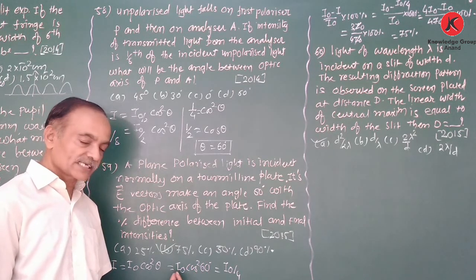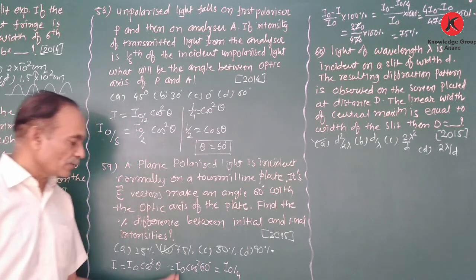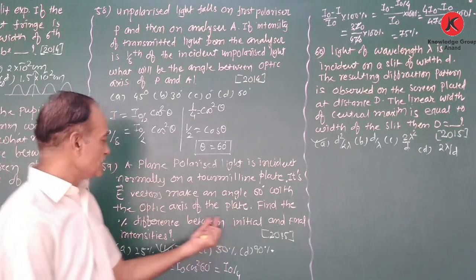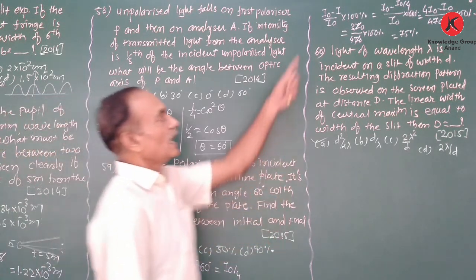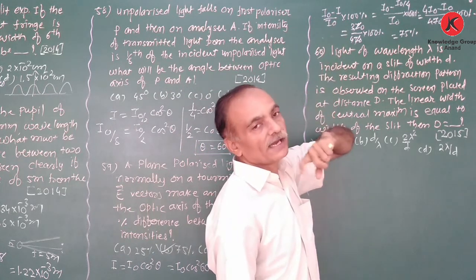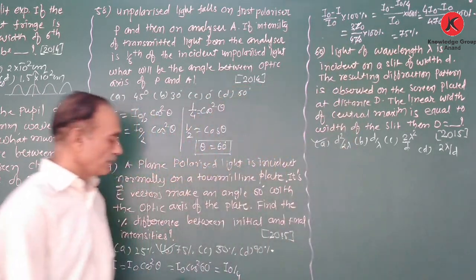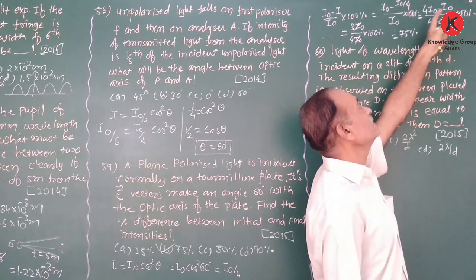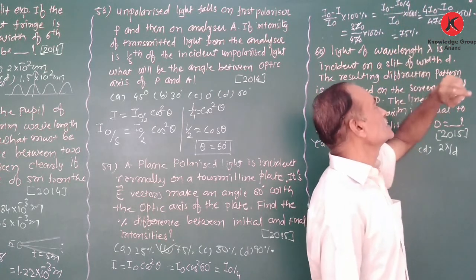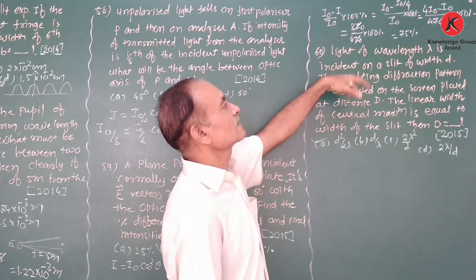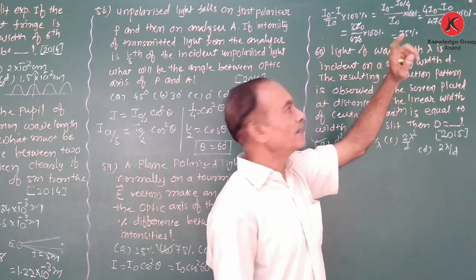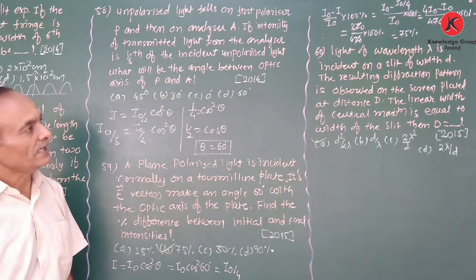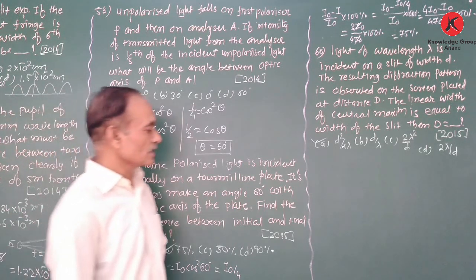Here theta is equal to 60, therefore I0 cos square 60, therefore I0 times 1 by 2 whole square, therefore I0 by 4. Now the percentage difference between initial and final is I0 minus I upon I0 multiplied by 100%, which is I0 minus I0 by 4 upon I0 multiplied by 100. Take the LCM, therefore 4I0 minus I0 upon 4I0 into 100%. So it's equal to 3I0 upon 4I0 multiplied by 100%, therefore 75%.